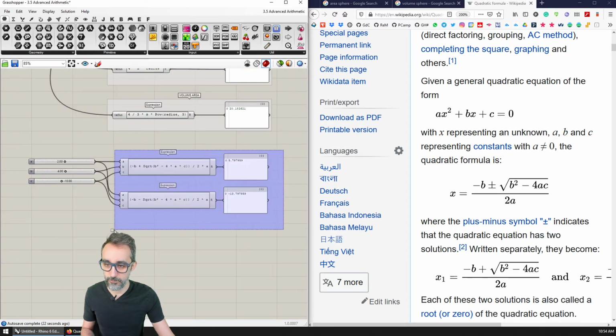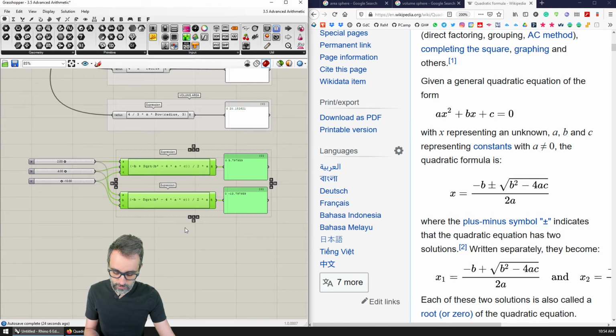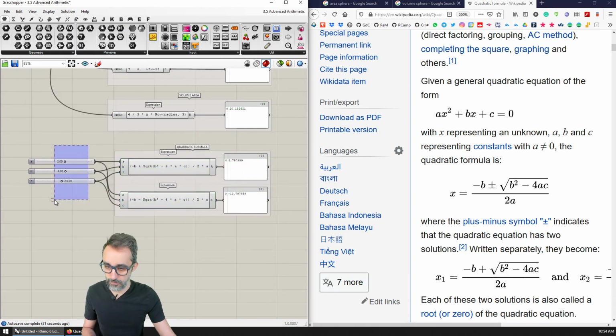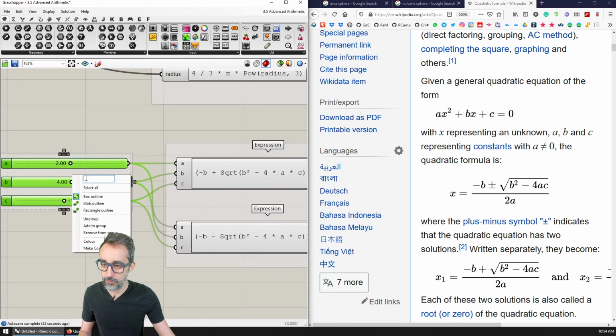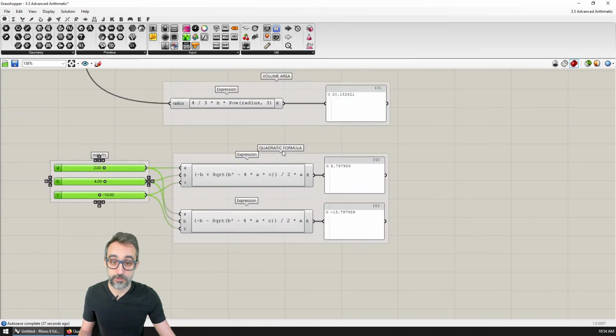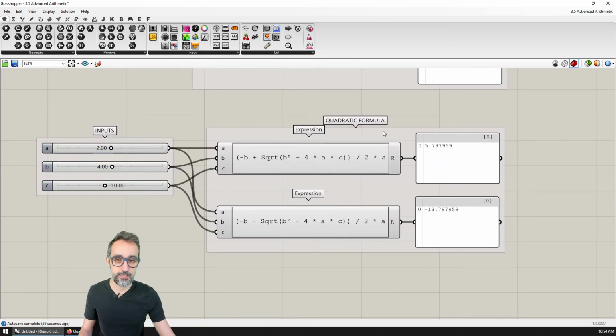And this is going to be the quadratic formula. All right. And these are going to be the inputs. Wonderful. So this is great.